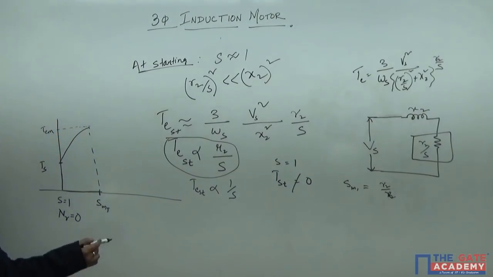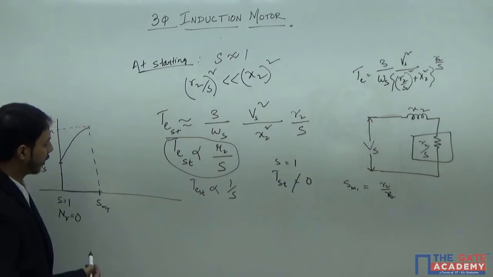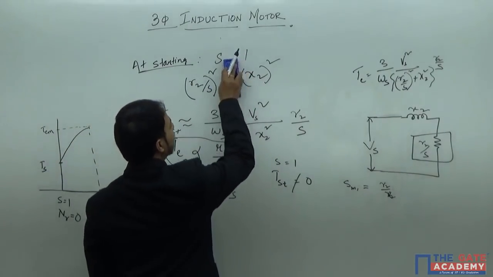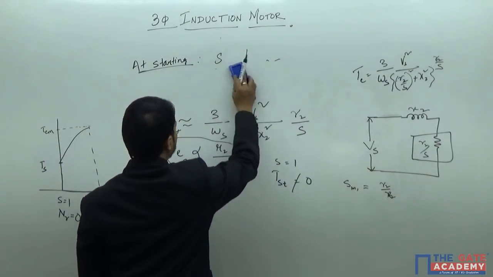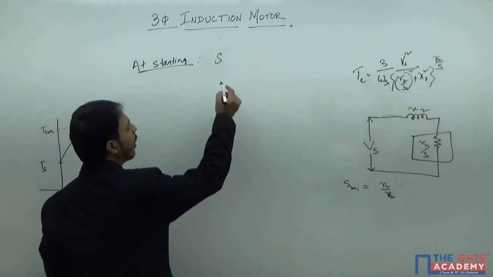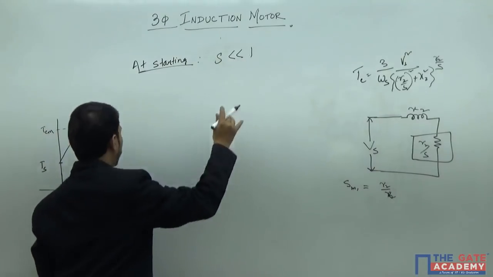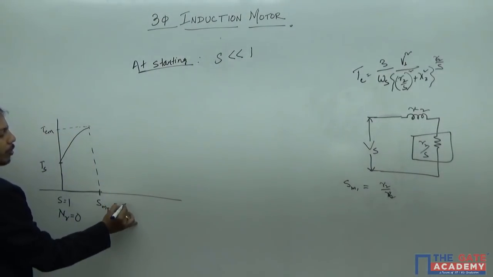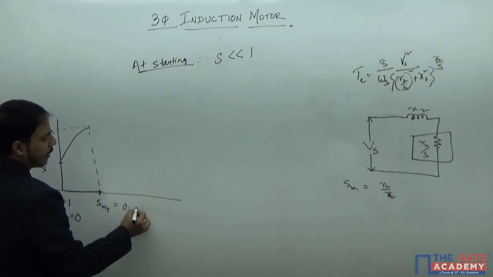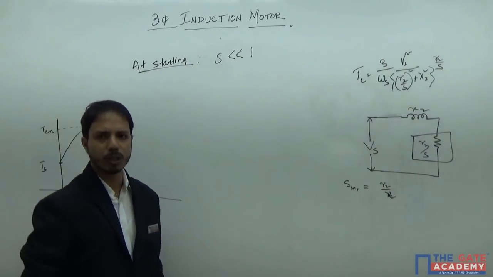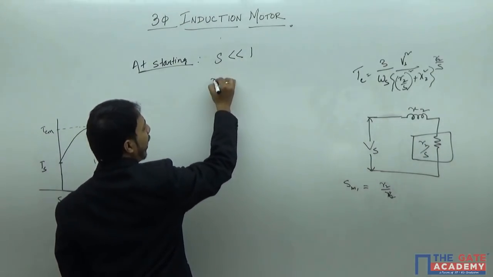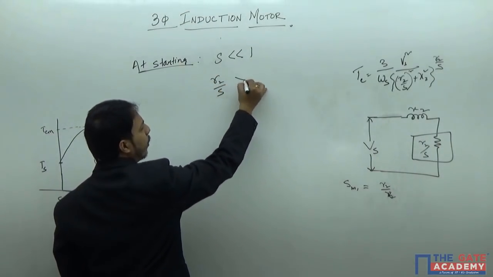Now, what will happen after that? What we can consider now is that S is very much less than 1. This value will be somewhere around 0.04 or 0.05, or say 0.2 itself, which is less than 1. At that time, R2 by S will be more than X2.